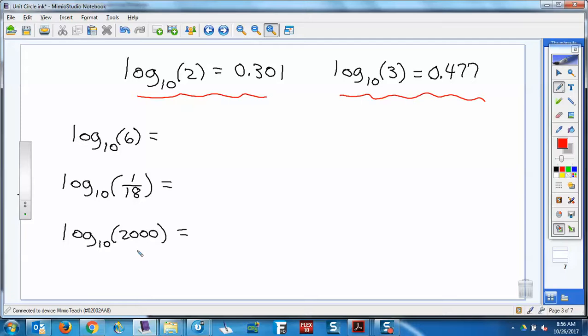This would be like on a no calculator section of a quiz or something, where somehow you'd have to use these values, or it's a multiple choice and you'd have to get the values to be exact. So this is log base 10, and you were told those two things, okay? So how could we find log base 10 of 6?